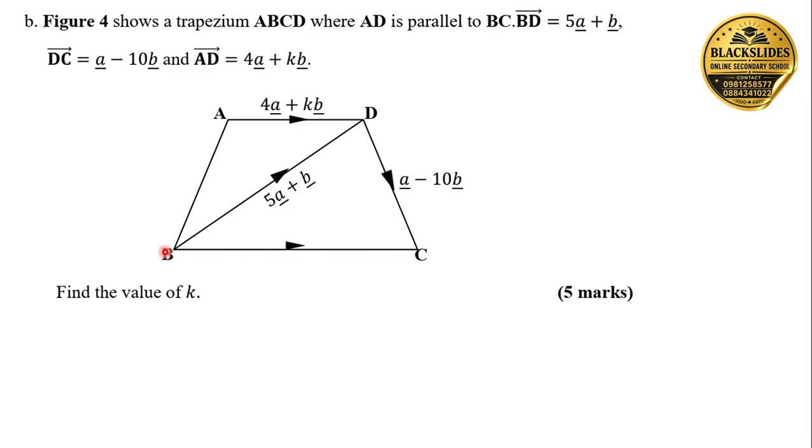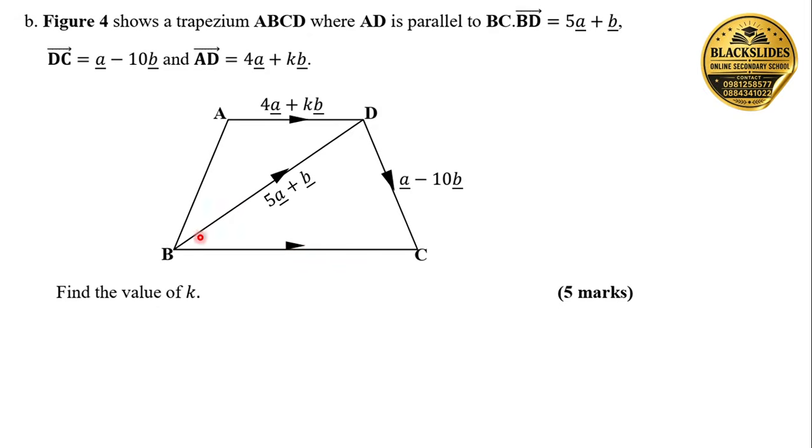So given vector BD and DC, we can find BC using the triangle rule of vector addition. The triangle rule of vector addition says that if two sides of a triangle are each represented in magnitude and direction by vectors, then the third side represents the resultant.